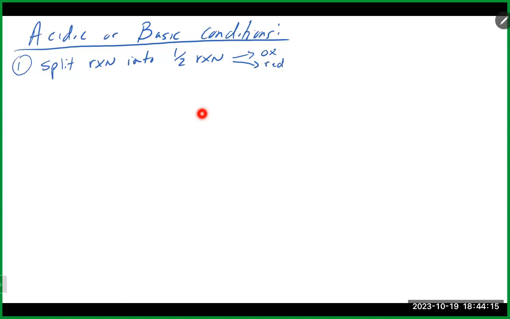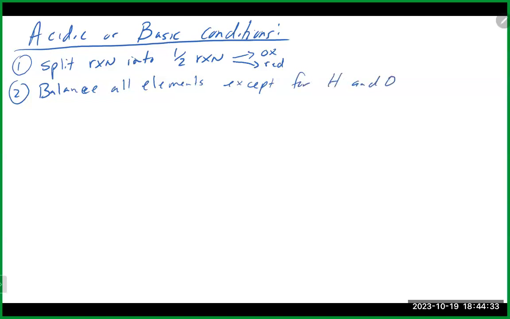Once you have split it off into half reactions, you want to balance all the elements except for hydrogen and oxygen. So you want to balance all the other elements just like you normally would using coefficients for all the other elements except for hydrogen and oxygen. And you want to do that for each half reaction, whichever one might need it.